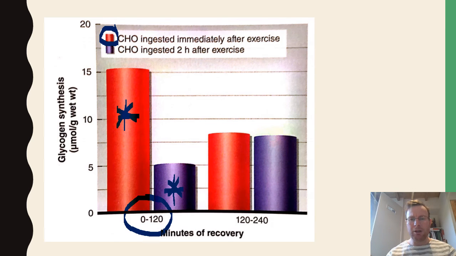So after 2 hours, the group that had a carbohydrate meal had quite high carbohydrate stocks, and the people that hadn't eaten any carbohydrate yet had very low levels of carbohydrate. So the lesson is, get something in you immediately after you finish playing.